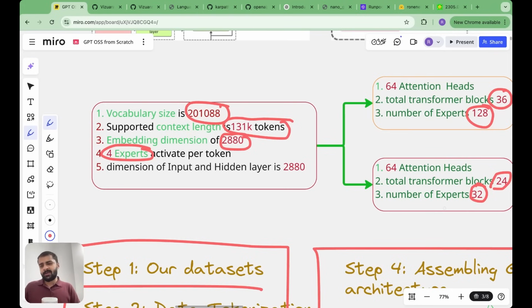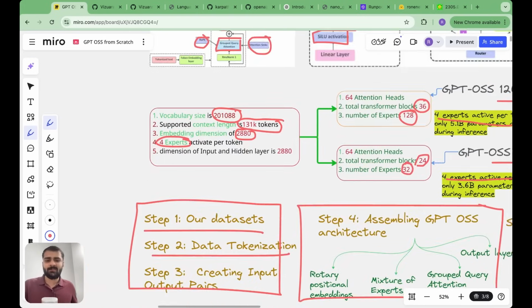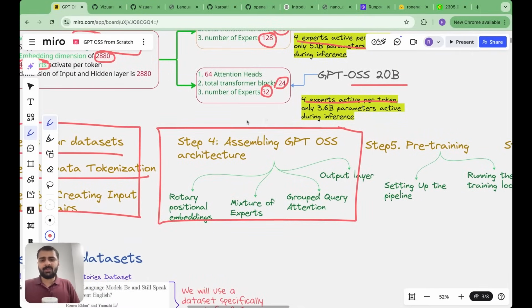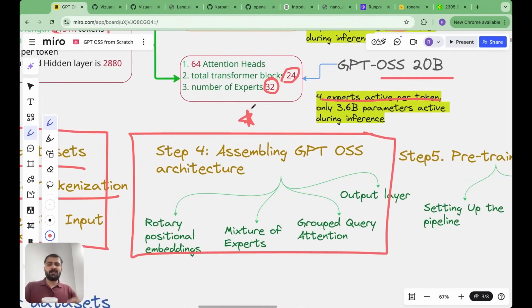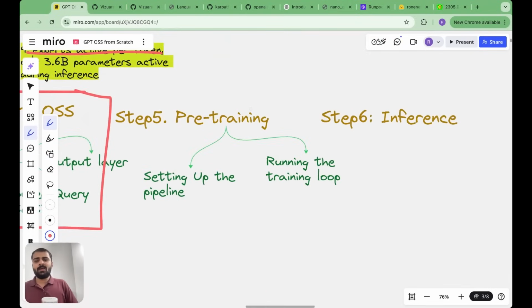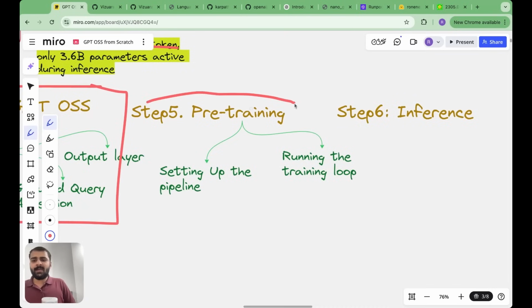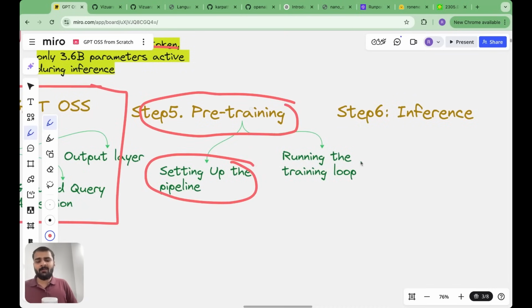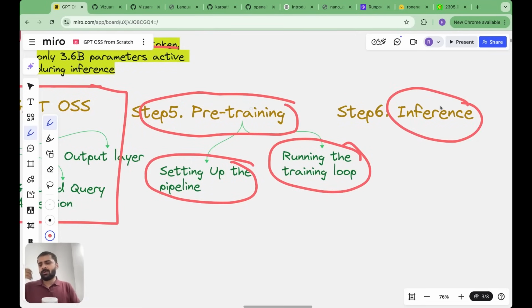Still a lot lower than Gemini's 1 million context length. So all of this will be covered in the GPT OSS architecture, and this remains the core backbone of this lecture. After the architecture is assembled, we will spend time with respect to pre-training in step number 5. We'll set up the pre-training pipeline and we'll run the pre-training. And in step number 6, we are going to do inference, right?